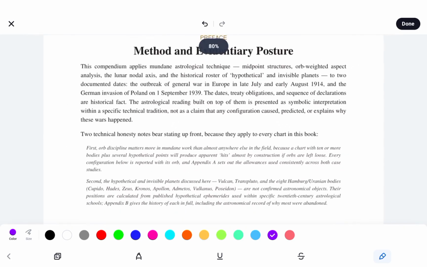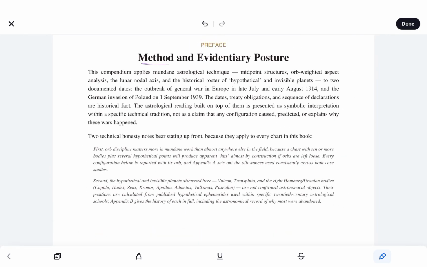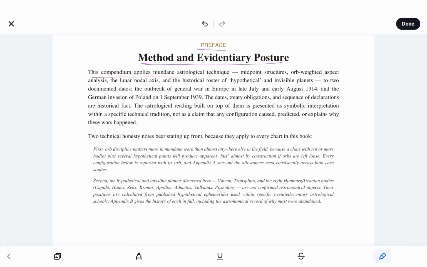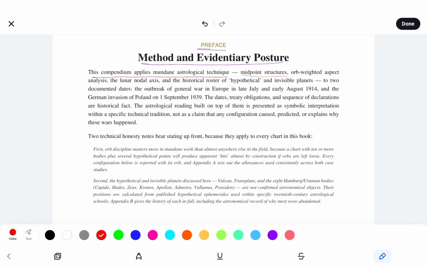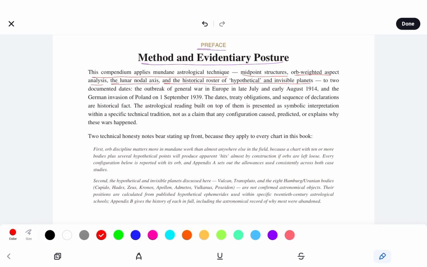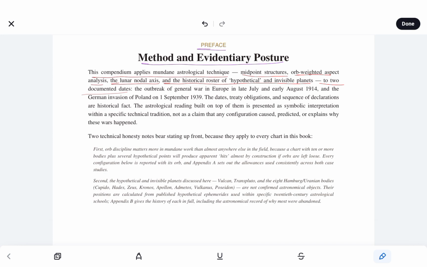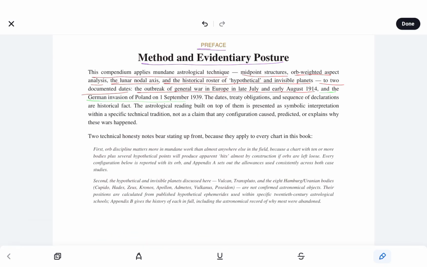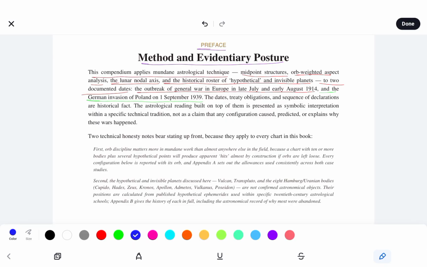So beginning with the preface here, which is method and evidentiary posture. This compendium applies mundane astrological technique, midpoint structures, orb-weighted aspect analysis, the lunar nodal axes, and the historical roster of hypothetical and invisible planets to 2 documented dates: the outbreak of general war in Europe in late July and early August of 1914, and the German invasion of Poland on September 1st, 1939.